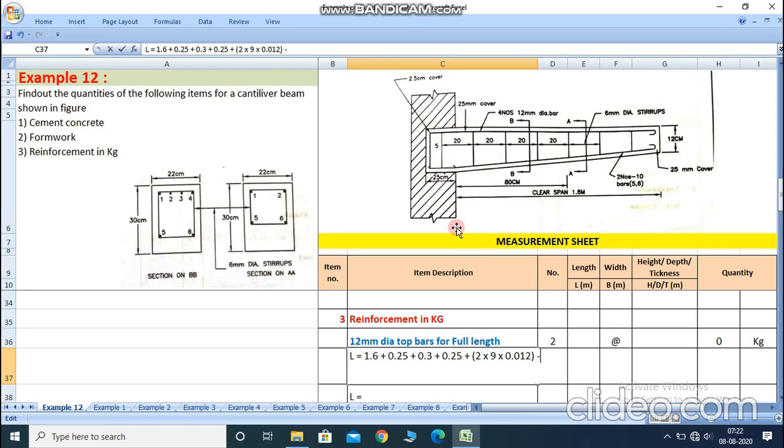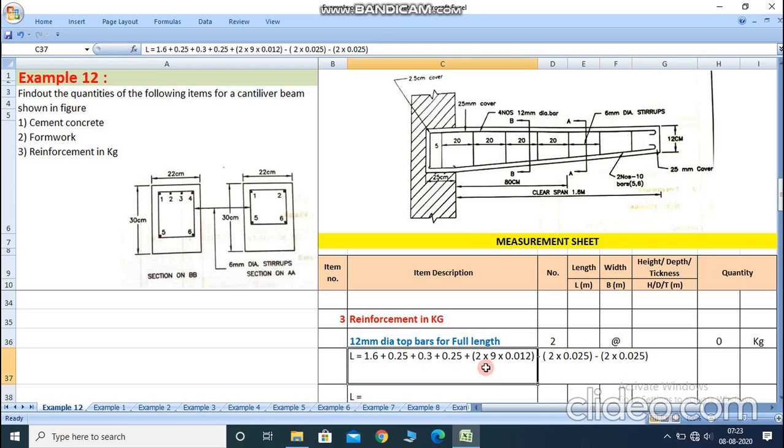So minus 2 times 0.025, also minus 2 times 0.025. Here the top and bottom cover is 2.5 centimeters, and similarly the starting and end cover.